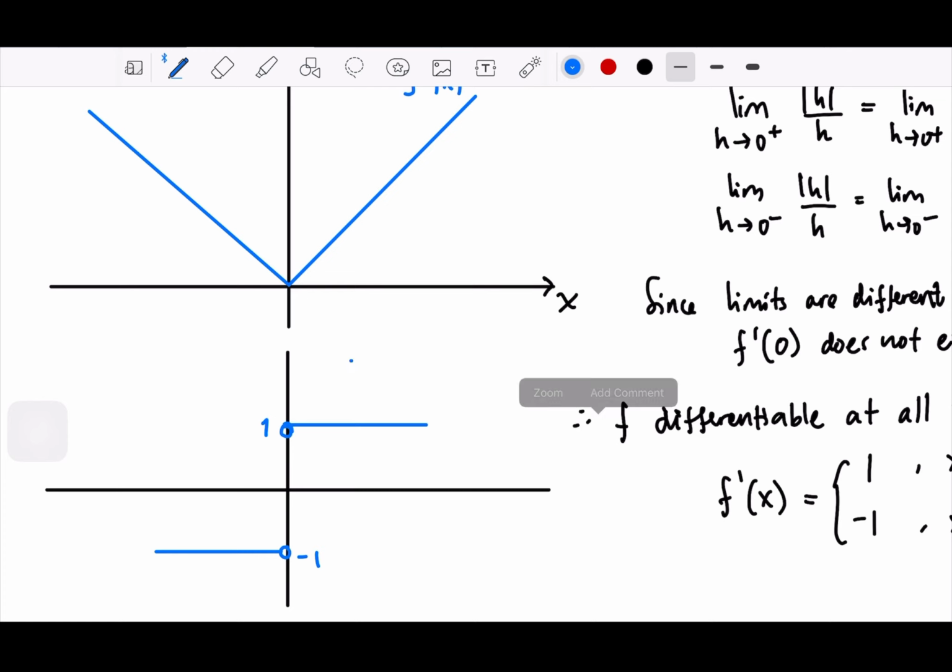And this will be the f prime of x. So we cannot define anything at x equals 0. So whenever you find any sharp point on your graph, it means that at that exact point you cannot differentiate. Okay? You cannot have any slope here.